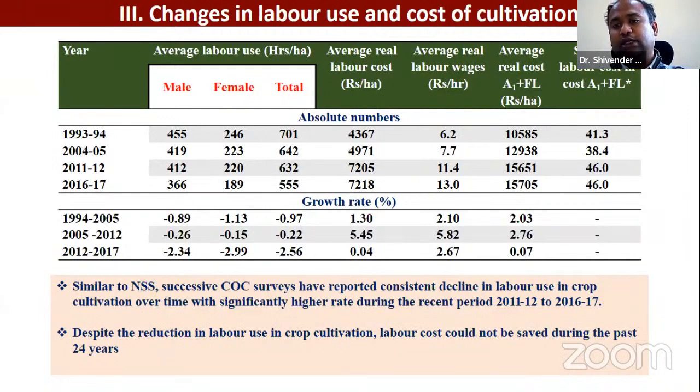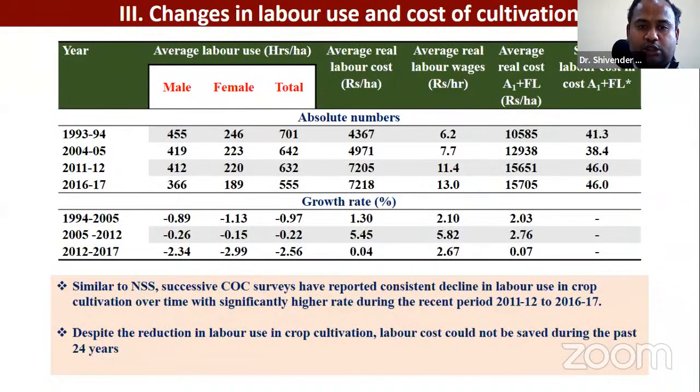I estimated an average of cost A1 plus FL using about 10 crops across the states, using their area weights, and found that about 46% of the cost A1 and family labor is constituted by labor. So if we need to minimize our cost, we need to see if we can minimize or manage the labor, and then we will be successfully minimizing the cost of cultivation also.